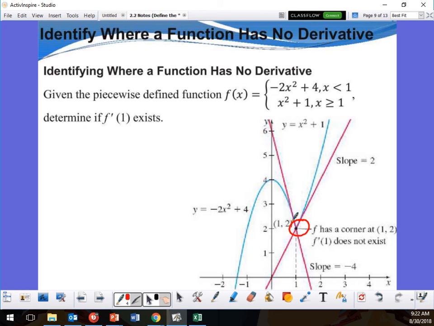Because one side has a slope of negative 4 and the other side would be positive 2. Since they're changing directions, I can't go with that. So I should have gone with that.